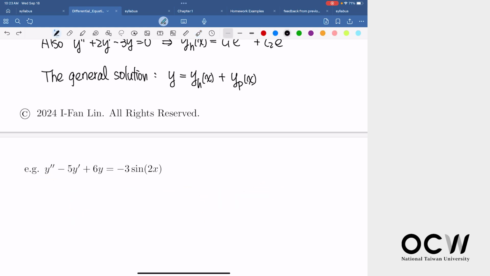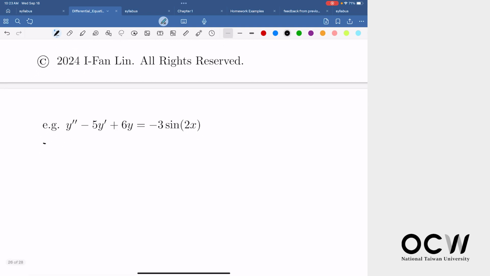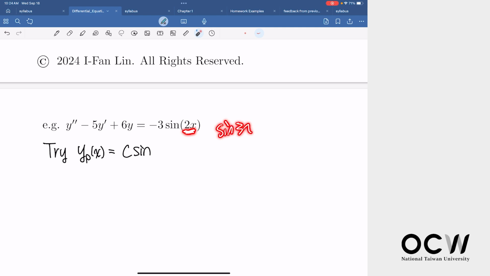So here we try our particular solution is constant c times sine. And also I need the same frequency, always 2x, because sine 3x, sine 5x are not the same, and I cannot compare, and they won't satisfy this equation.